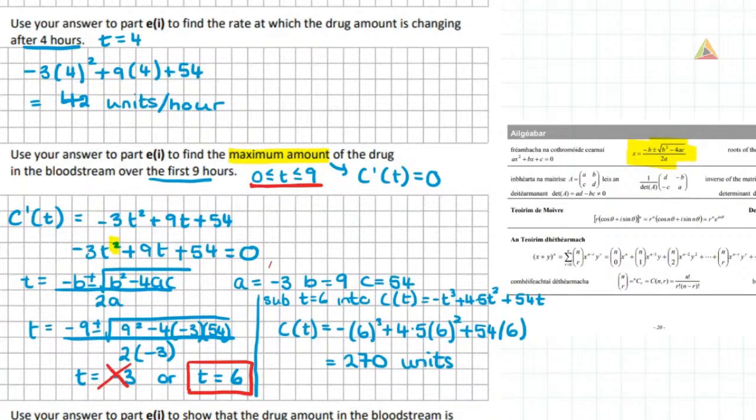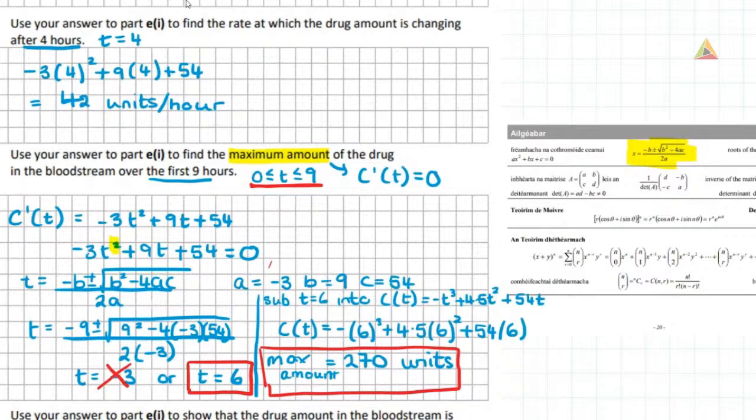And once we find that value of t, we sub that in to find the maximum amount of units. So the maximum amount is 270 units, and it occurs when t is equal to 6. That's the final answer for that part of the question.